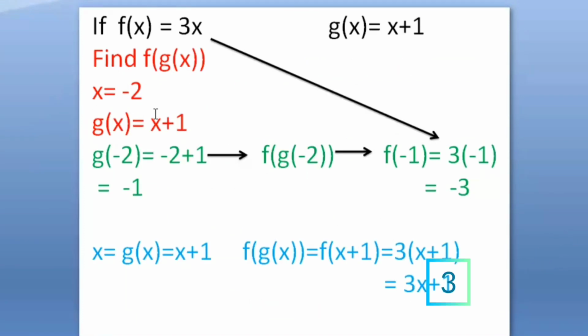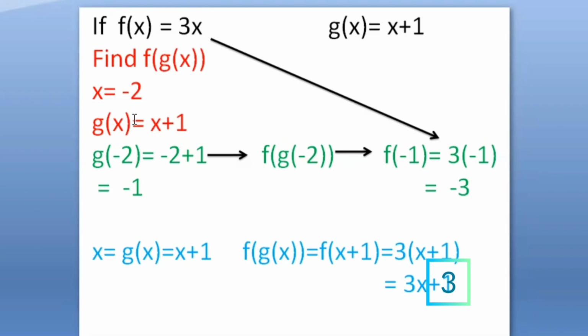Look at this example. If f of x is 3x and g of x is equal to x plus 1, and here they are asking to find f of g of x when x value is minus 2. So what will be the steps? First, we need to find the g of x value, and then the answer we get from g of x, we are going to plug in that answer into f of x.